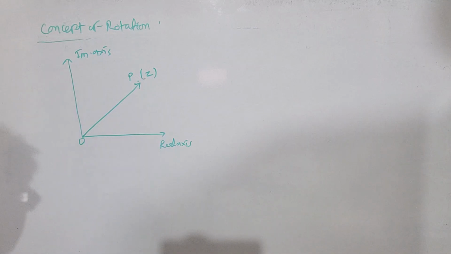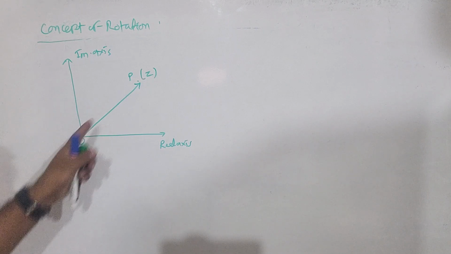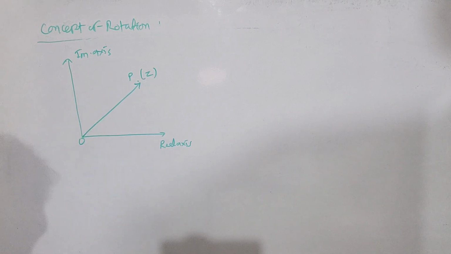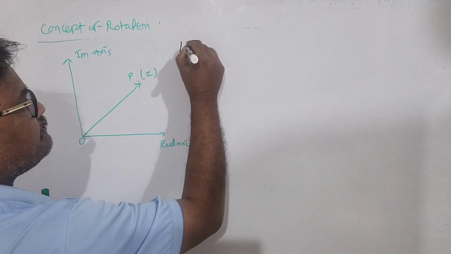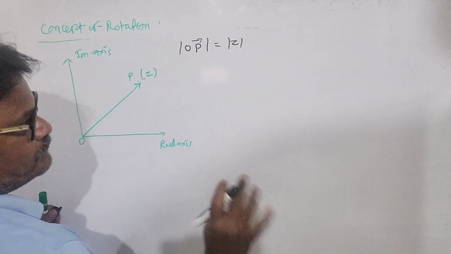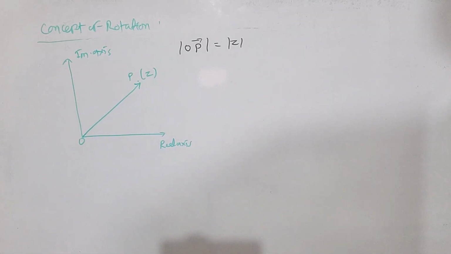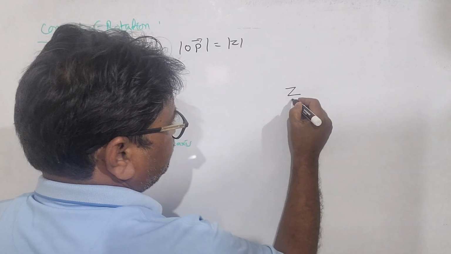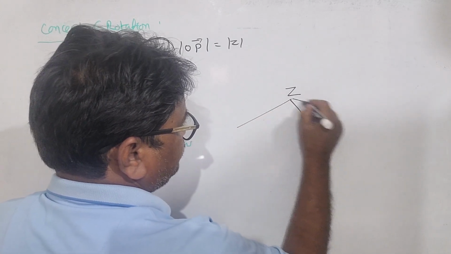Every complex number is represented by a vector. Here O is the initial point, P is the terminal point, and definitely the modulus of this vector OP is given by modulus of Z. Correct? Fine. And complex number Z can be represented in three ways. We know that.